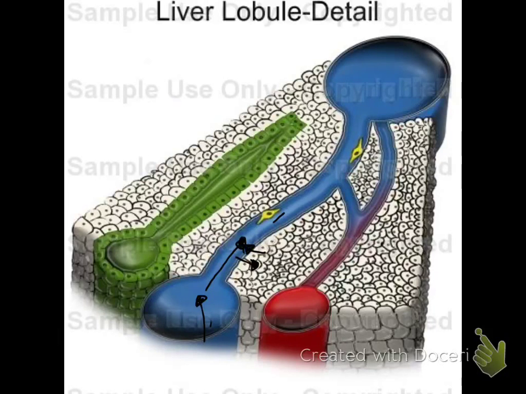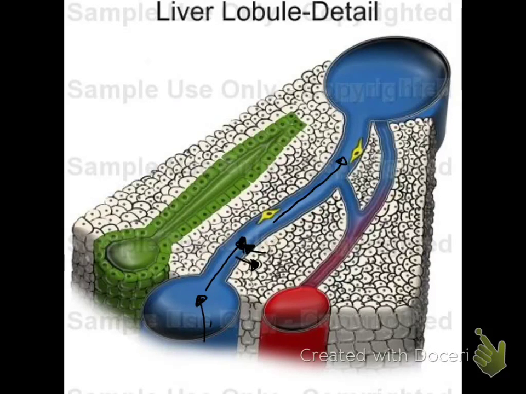Okay? The result of this exchange should finally go to some vein, so that the vein carries it to the heart to be reoxygenated and to become oxygenated blood again.